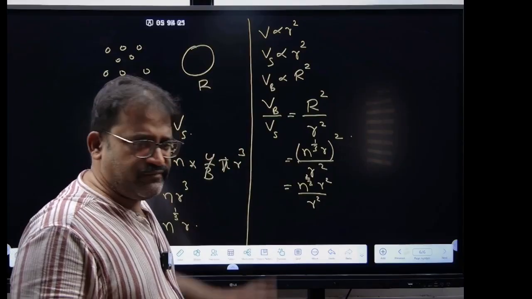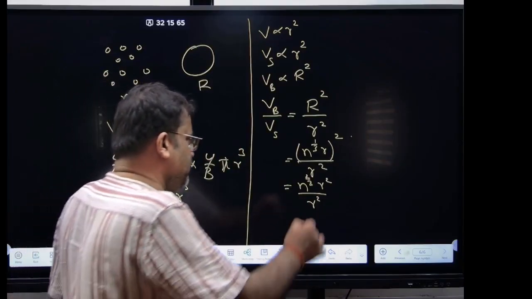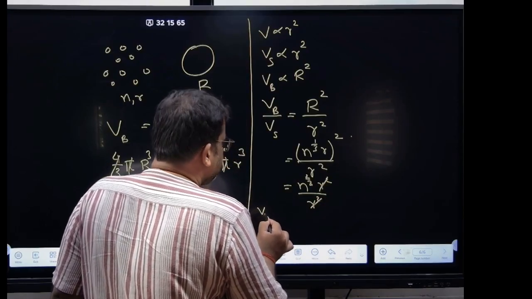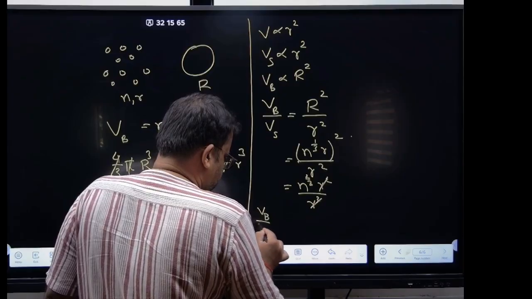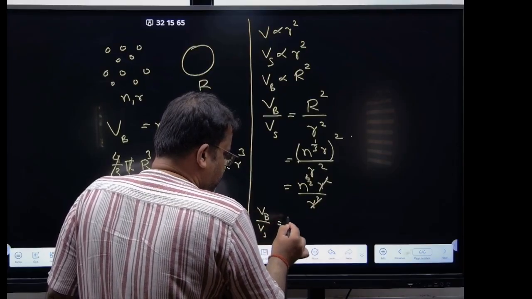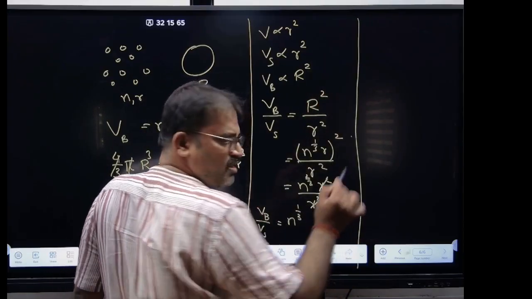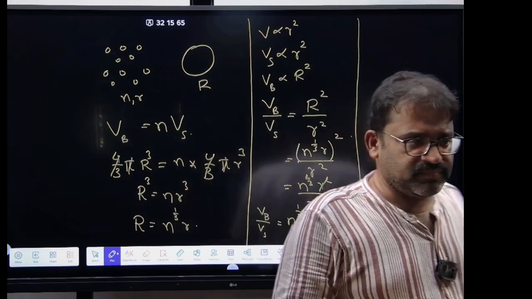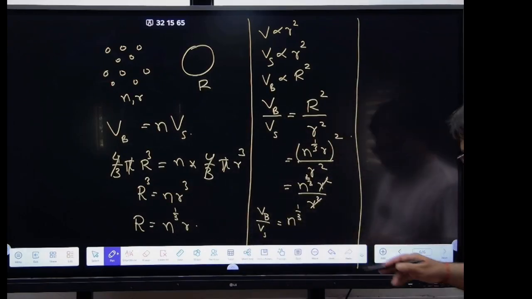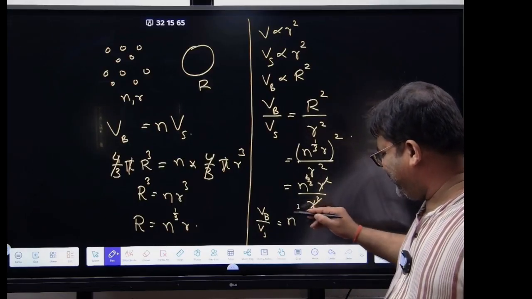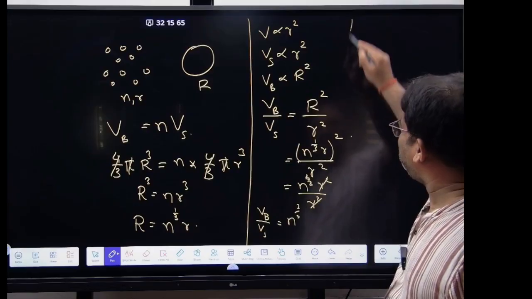Can I cancel something off here? r square may cancel off. Therefore, the velocity of the bigger drop divided by the velocity of the smaller drop is equal to n to the power 2 by 3.